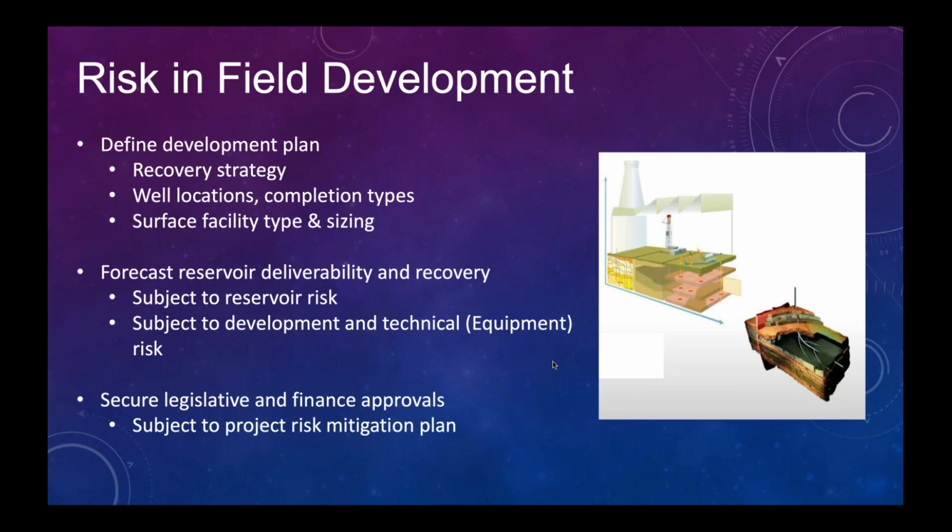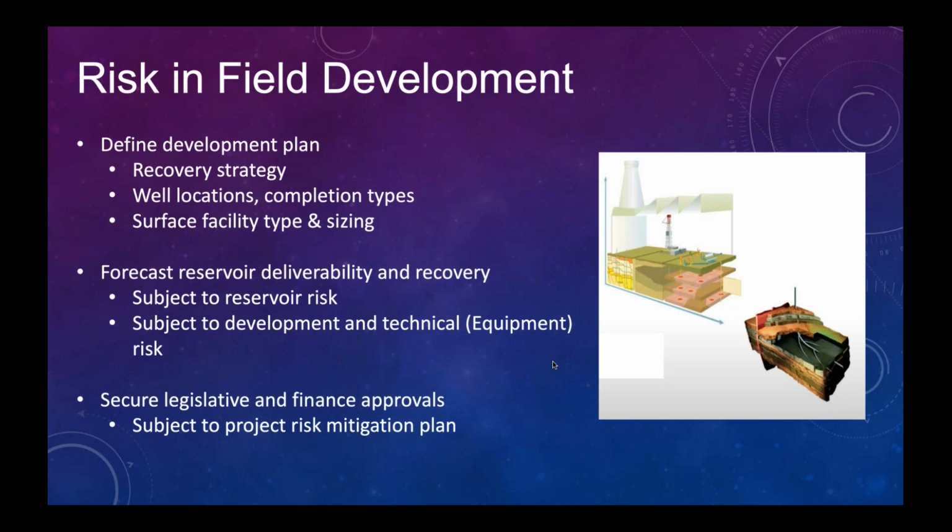Forecast as well. We need to look at what our forecasts are. Did we look at the ranges, the low, high, and base cases? Are our risks manageable or not? We secure legislative and finance approvals, and for all of that we do something called TCOP analysis: technical, economical, commercial, and organizational and political analysis.